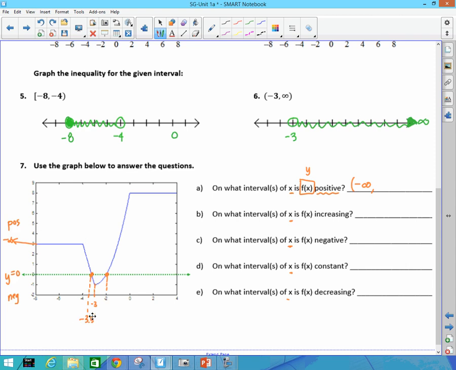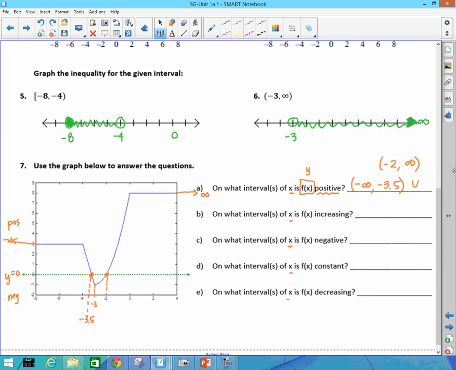I don't want the y value. So negative infinity all the way to -3.5, and the or, then it picks back up at -2 all the way to going on forever and ever, positive infinity. So that's the answer to the first one.